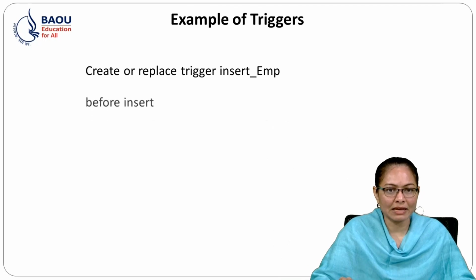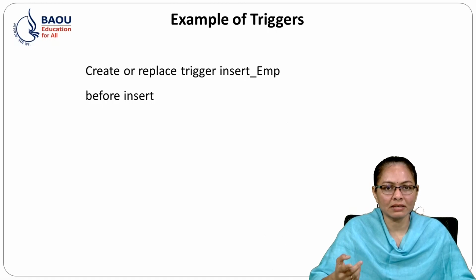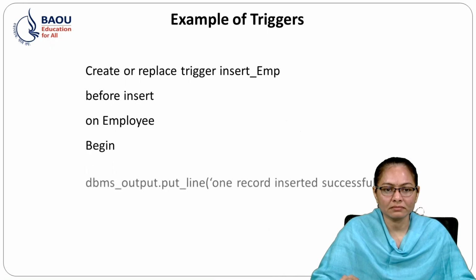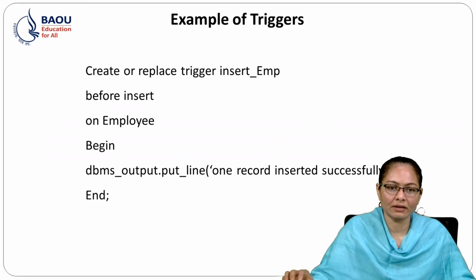See, in the example, before insert, this trigger is fired when we insert data into the employee table. Now begin. In this, DBMS underscore output dot put underscore line, one record inserted successfully. Now at the end of this trigger.